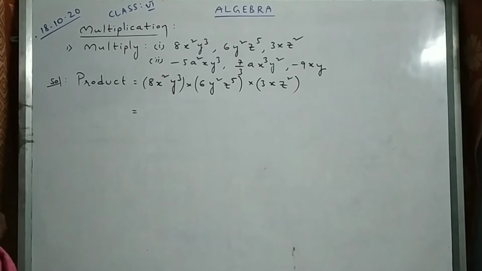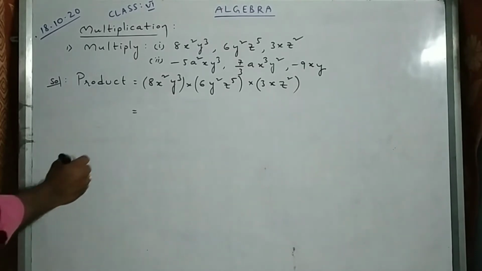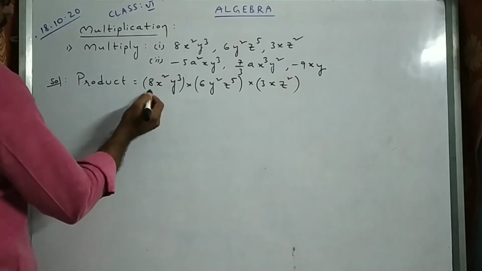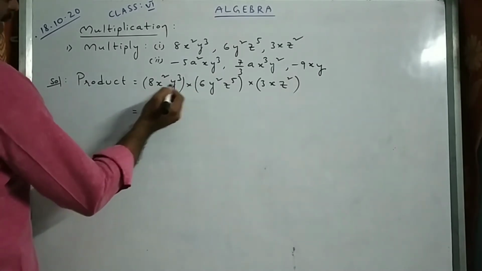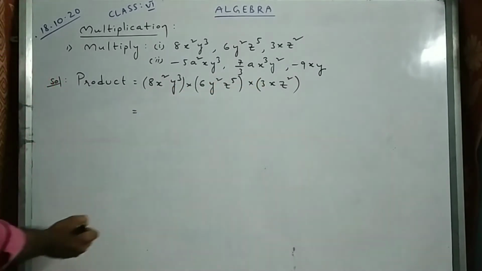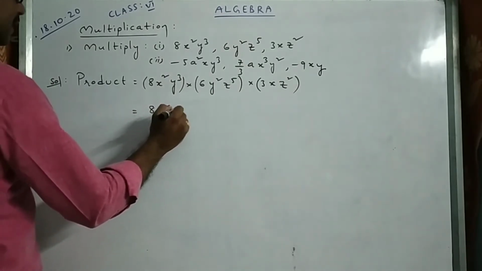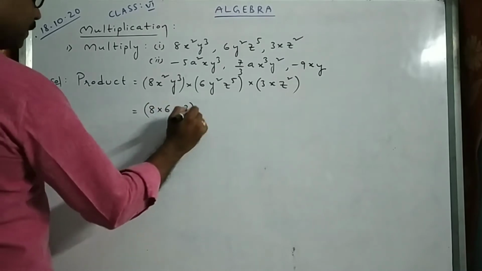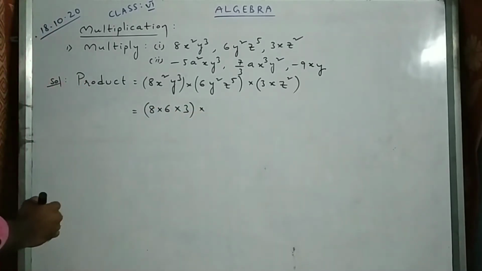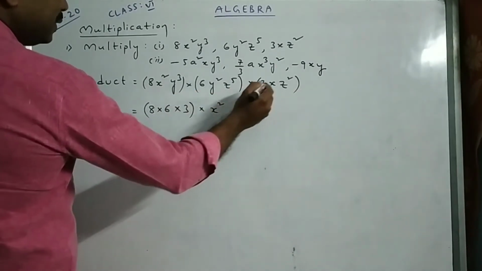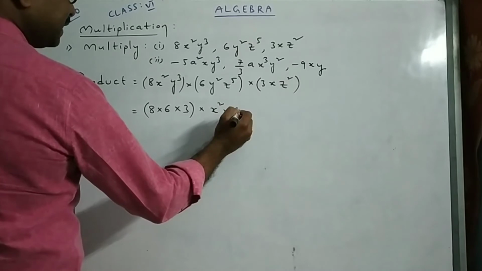First, what you are supposed to do is rearrange the terms, regrouping the terms. Constants 8, 6, 3, they are constants, so write the constants together. Next, variables we have to regroup. X square is here, another x term is here, so one x is there.